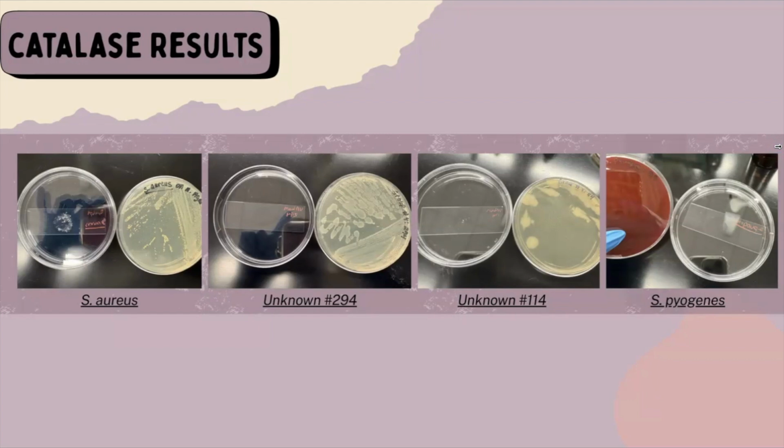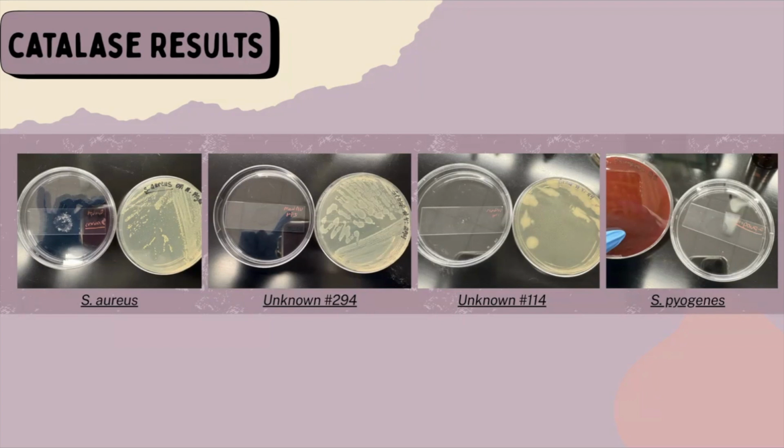For the catalase results, in the first one, S. aureus, we saw immediate bubbling and we interpreted that as catalase positive, which is expected for Staphylococcus. For our unknown 294, we saw no visible bubbling, which is catalase negative, which would be consistent with Streptococcus or Enterococcus or any other catalase negative taxa.